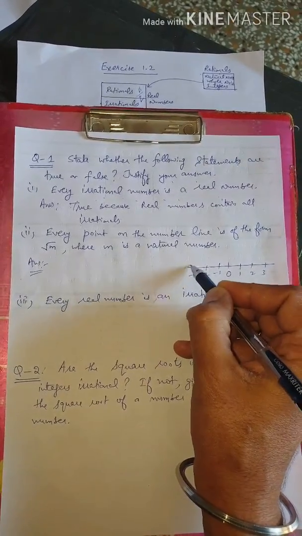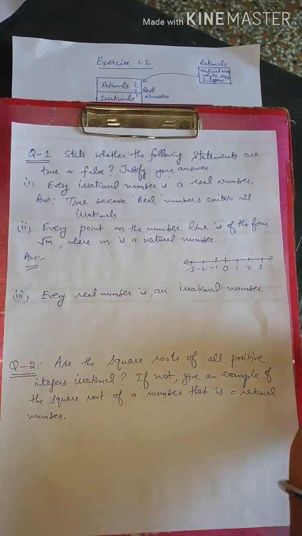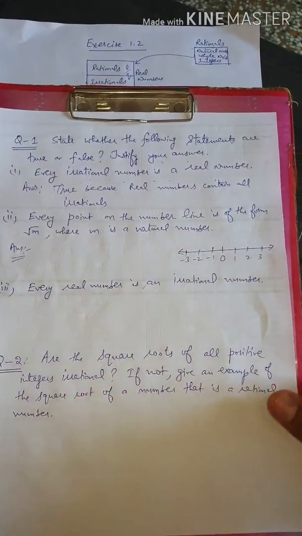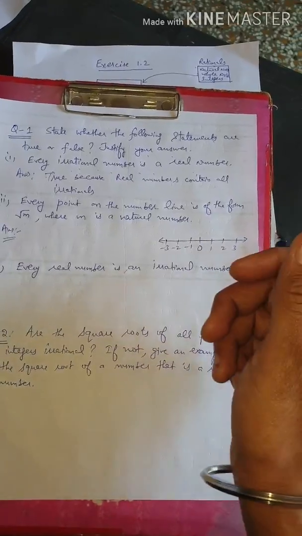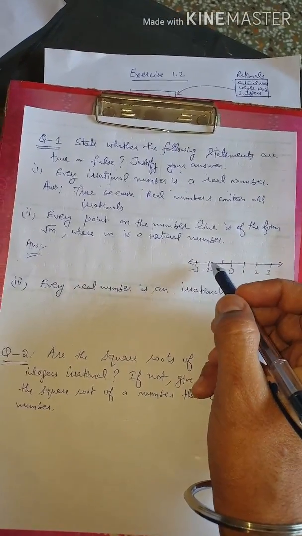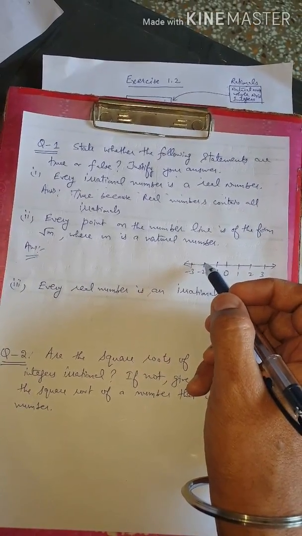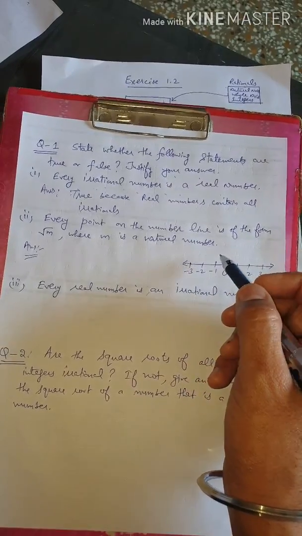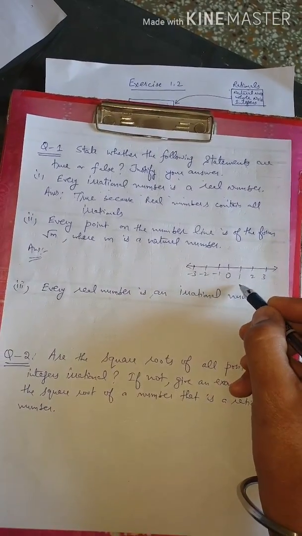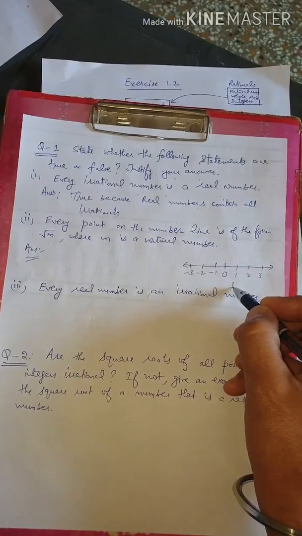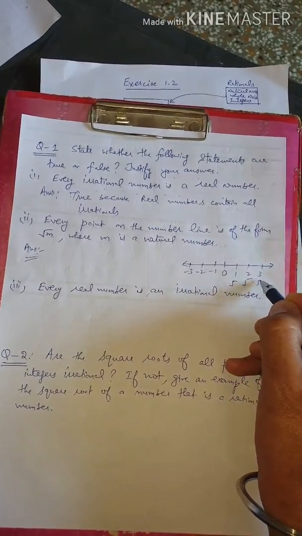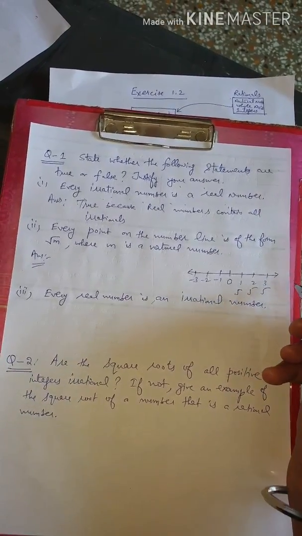I am writing a few values out of all the values of the number line. It is impossible to mark the complete number line. According to our requirement, we are marking here. They have given that every number on the number line is of the form square root of m, meaning all these came by writing square root of some value, but that value is a natural number.